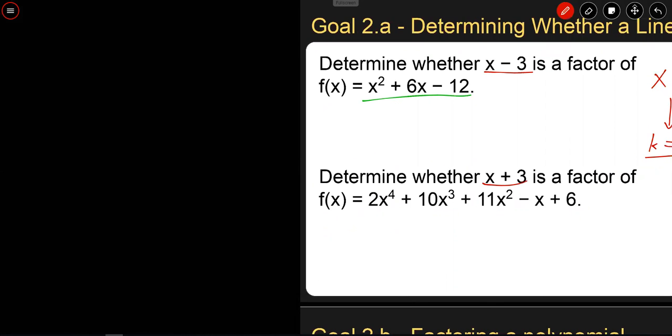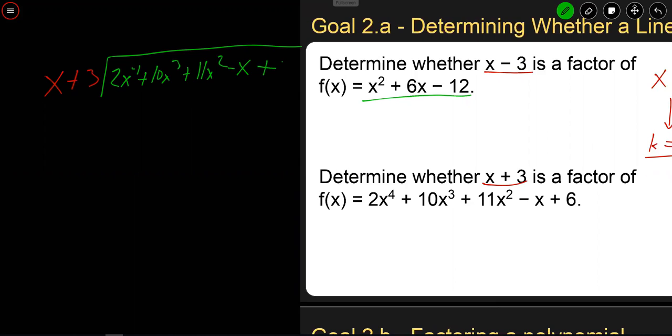We're going to determine if x plus 3 is a factor of, this is a bigger polynomial, 2x to the 4th plus 10x to the 3rd plus 11x squared minus x plus 6.